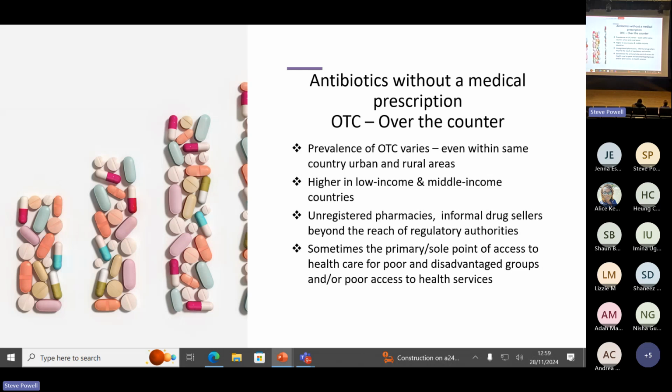Antibiotics over the counter, that's a very broad term to say, well, someone has received an antibiotic without any medical oversight, so any medical specialist actually prescribing. And that is, of course, a big concern.